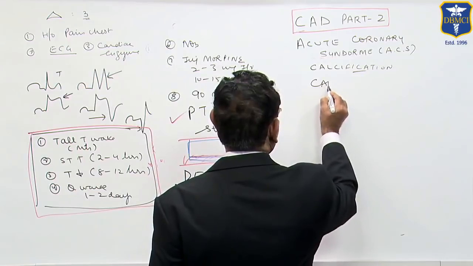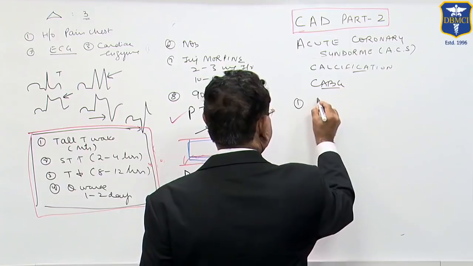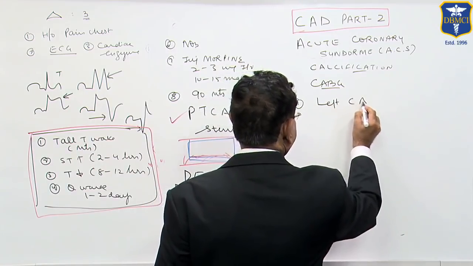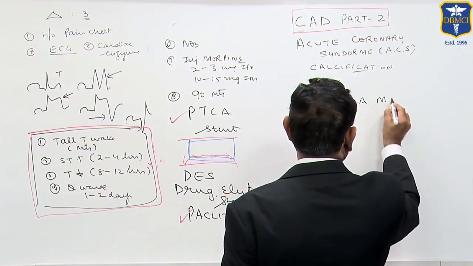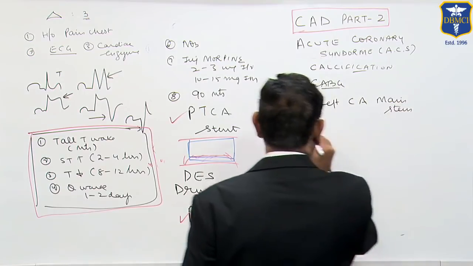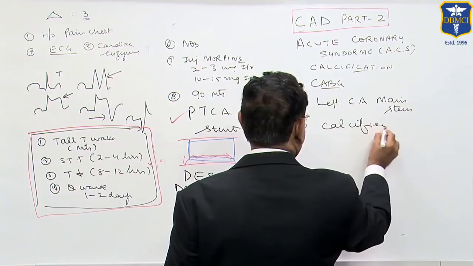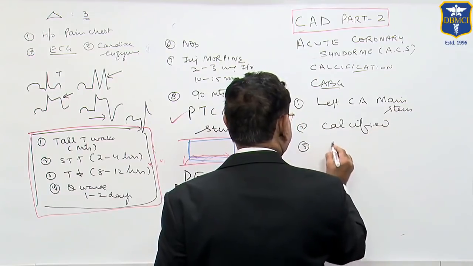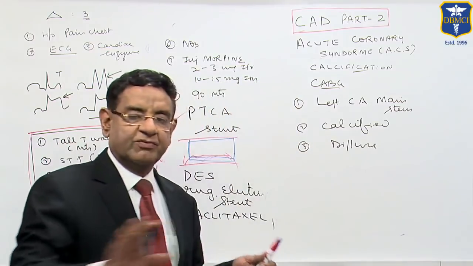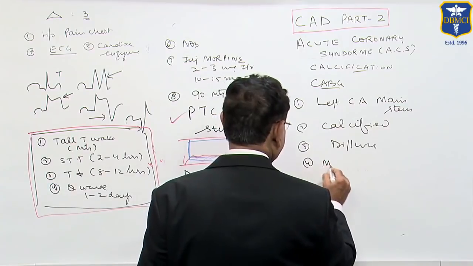Coronary artery bypass graft is done if the left coronary artery main stem is involved, or calcified arteries, or arteries involved diffusely, or multi-vessels are involved.